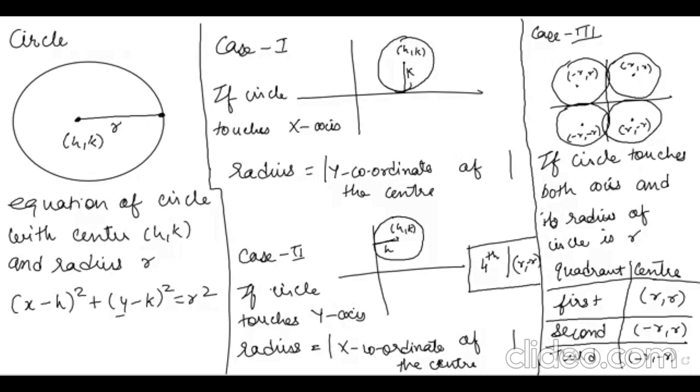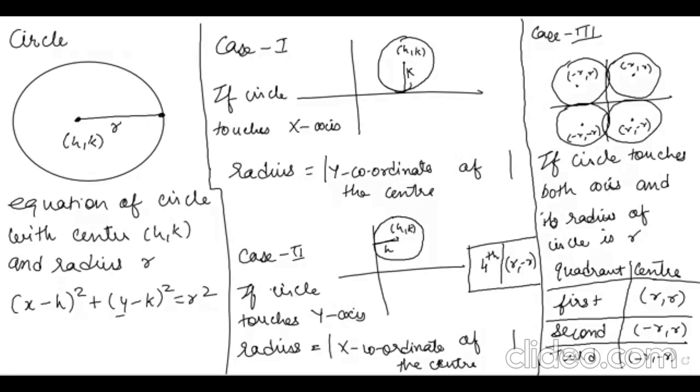But this is the case when you have your circle touching both the axes. So this is all about the equation of a circle and the special cases when the circle touches the x-axis or y-axis or both the axes.